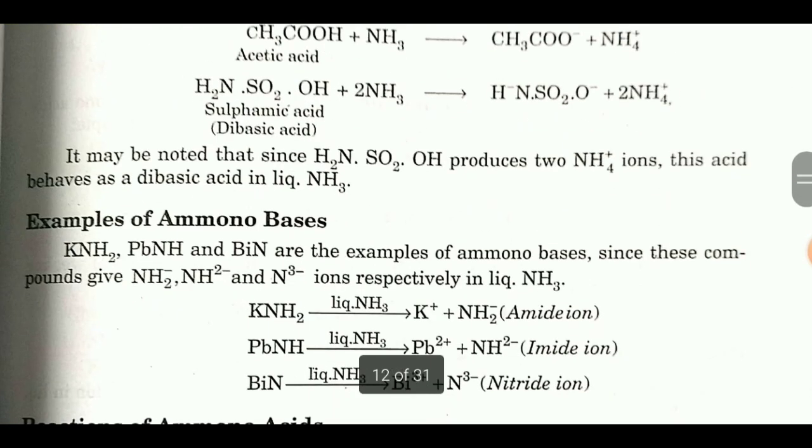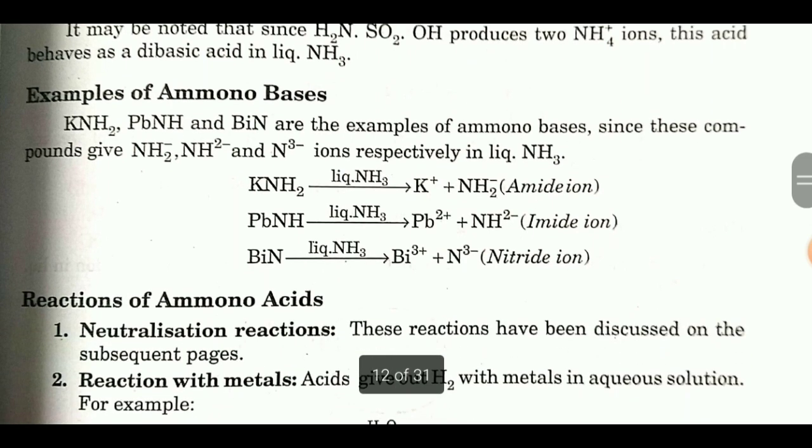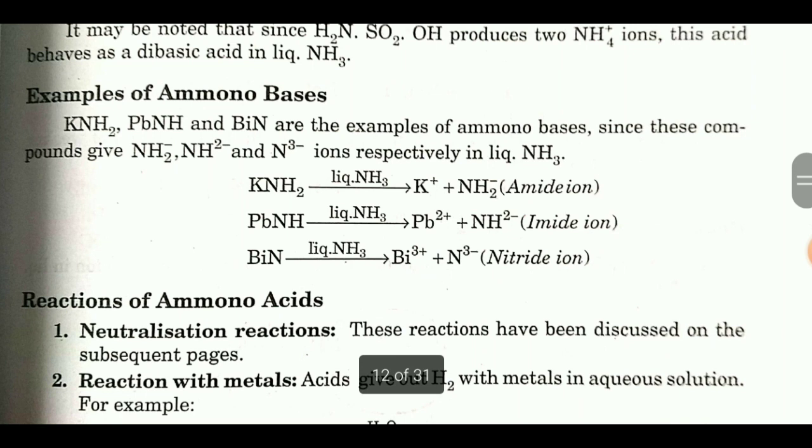It may be noted that since H2N SO2 OH produces two NH4+ ions, this acid behaves as dibasic acid in liquid ammonia. Examples of amino bases: KNH2, PbNH, and Bi N are the examples of amino bases since these compounds give NH2-, NH2-, and N3- ions respectively in liquid ammonia.